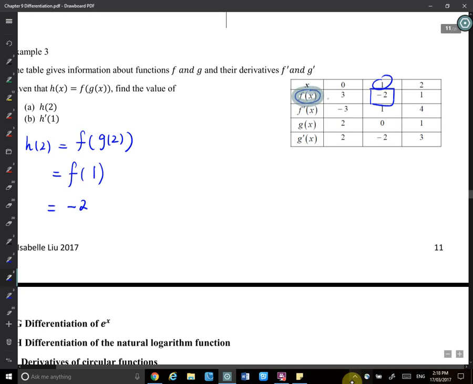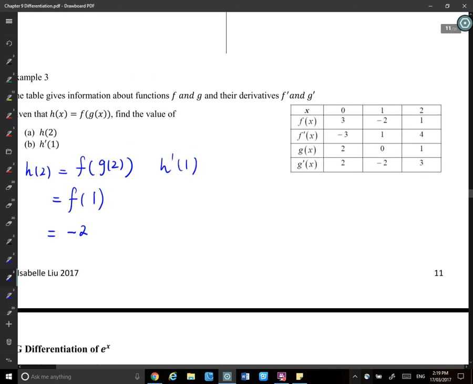You're using this table to find the values. Now you want to work on h'(1). Before that, you need to know what h'(x) is. Can you see this function f(g(x))?